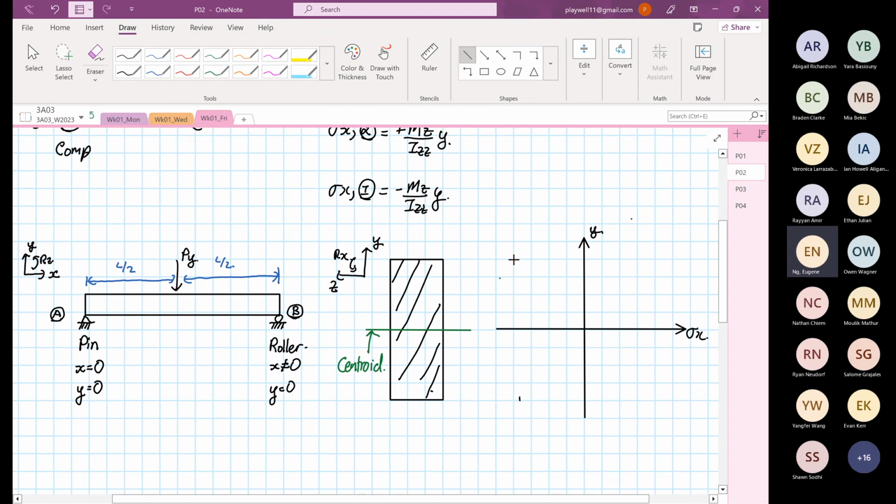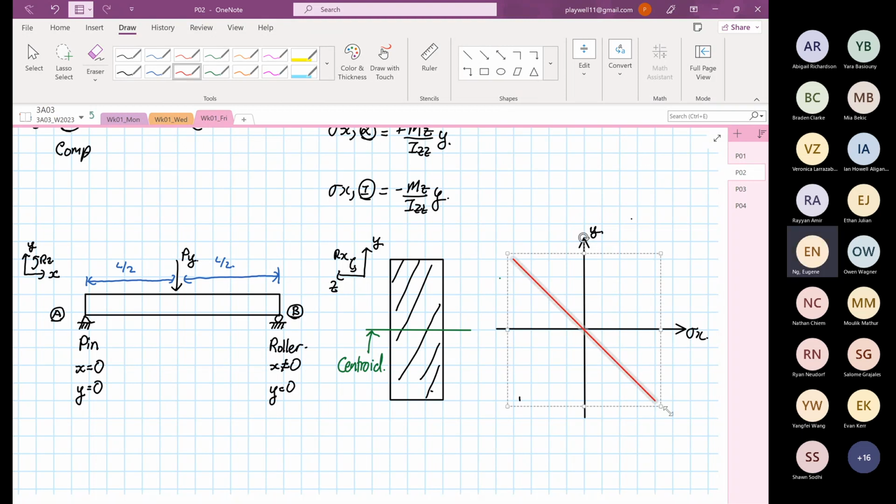So over here, at this point, this is our minimum normal stress X, and then this is our stress X maximum.